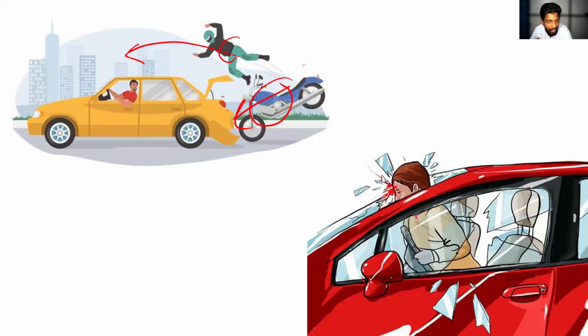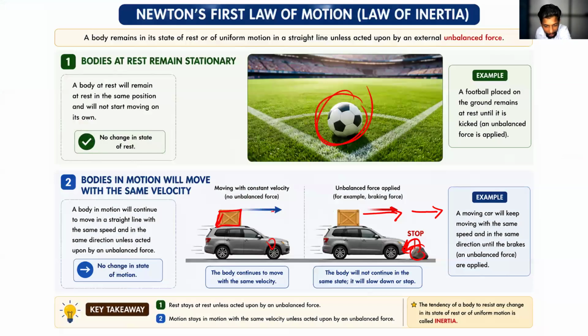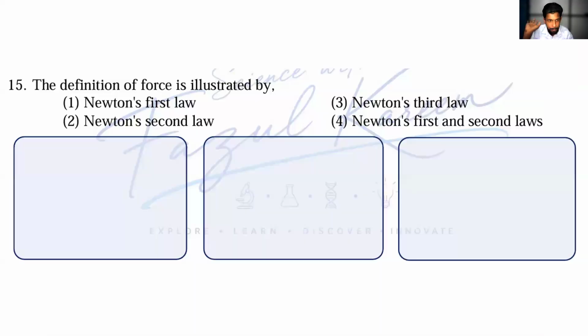Newton said that until the unbalanced force is applied, until anybody catches the bike, the biker will move with the same velocity. Same in the car, same in this case here. Until you apply the force on the box, until you catch the box, the box will move with the same velocity. Okay. Now Newton's first law has been done.